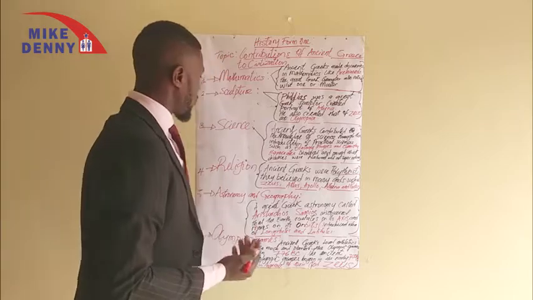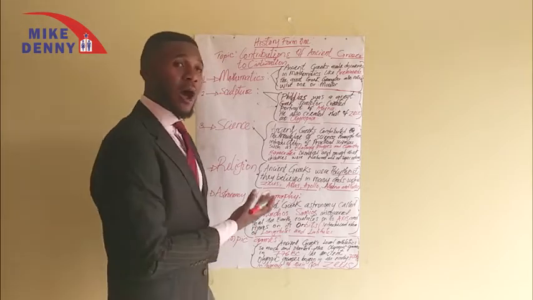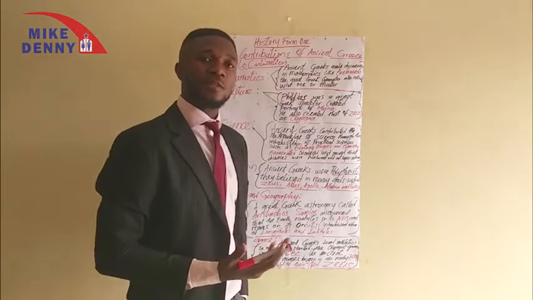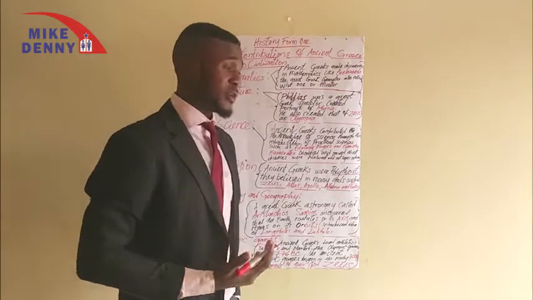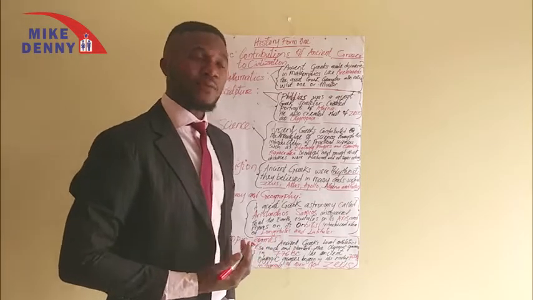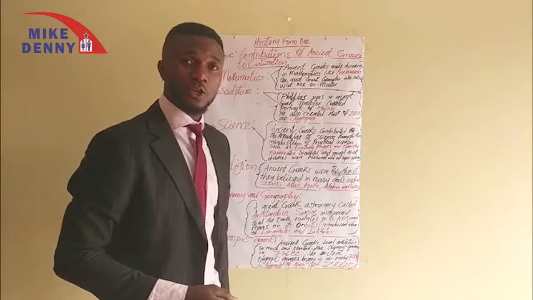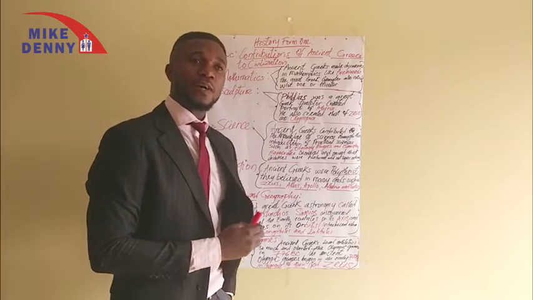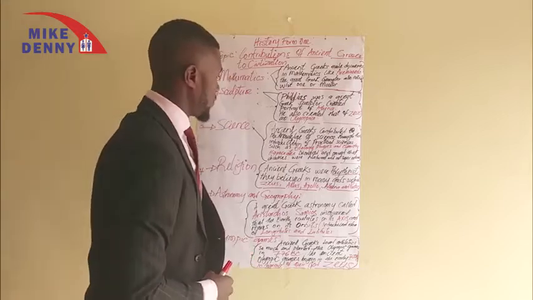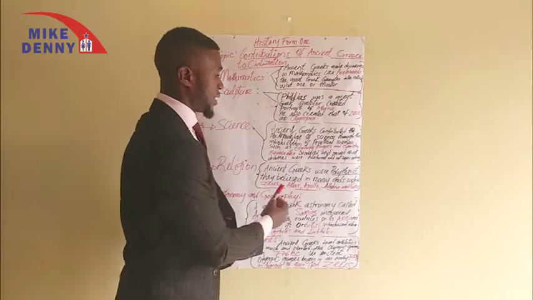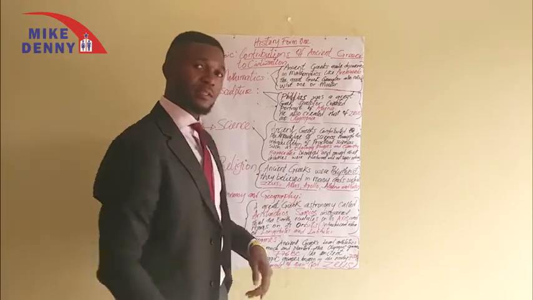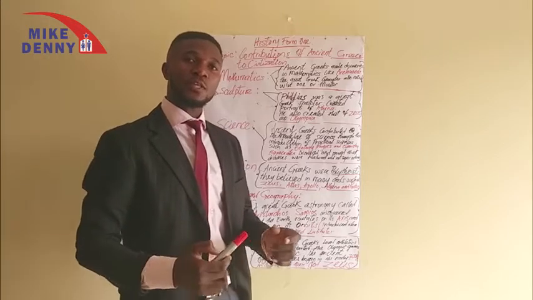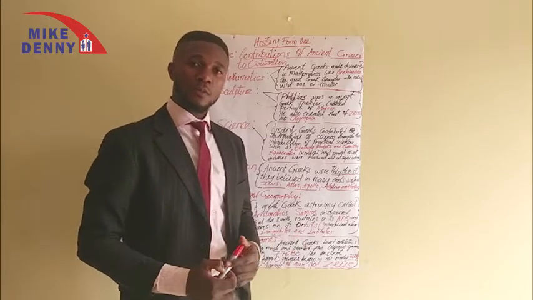We're going to move further by looking at religion. How did the ancient Greeks practice religion that became a motivating factor for their civilization? We notice that ancient Greeks were polytheists. They practiced what is called polytheism. They believed in so many gods.